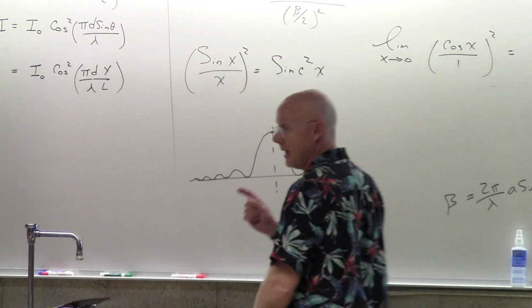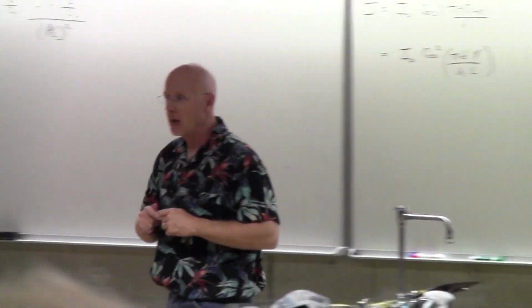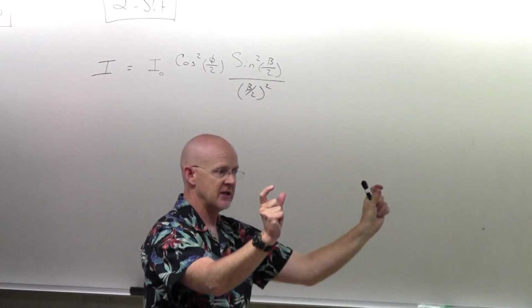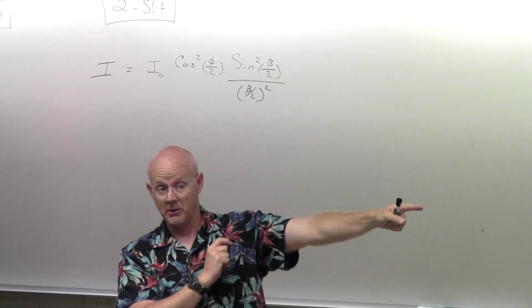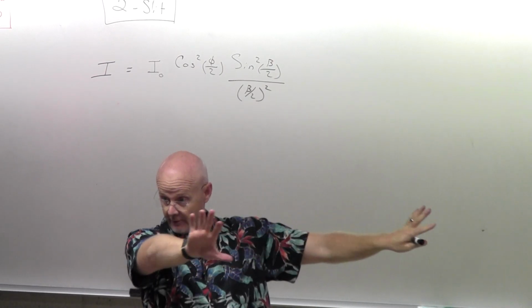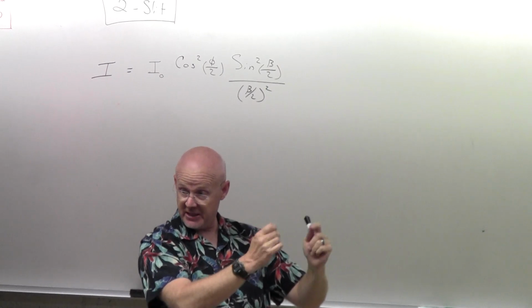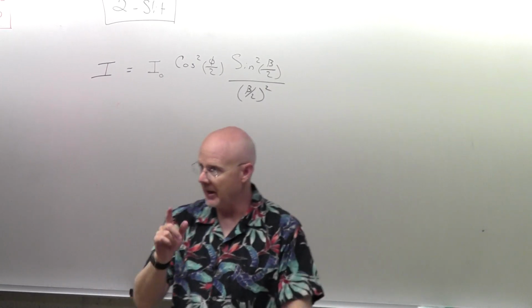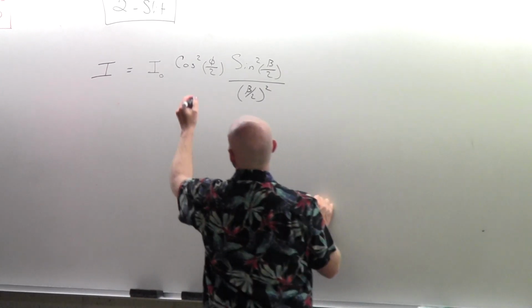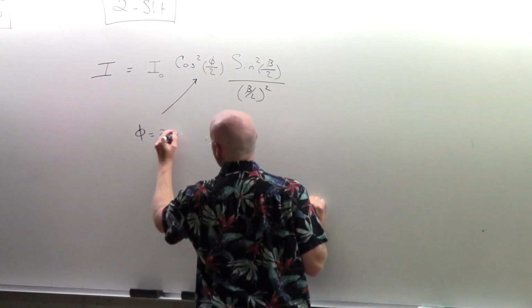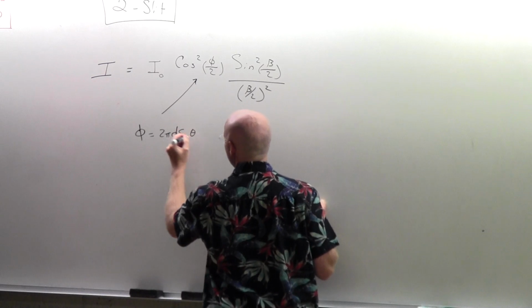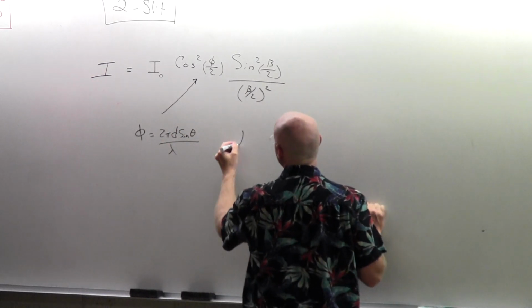Now, keep in mind, we did this for the double slit. What happens when you bring the double slits closer together? What happens to the pattern on the screen? They spread further out, right? So the smaller the d, the more they spread. And I'm going to ask you again. Phi was 2 pi d sine theta over lambda.